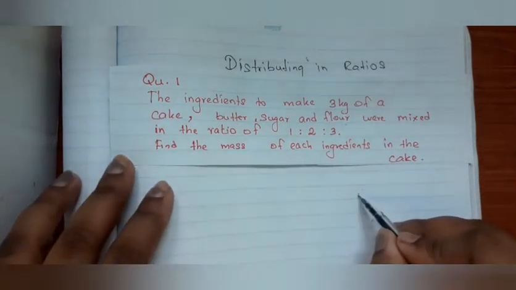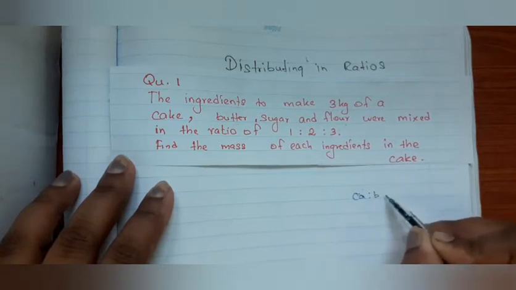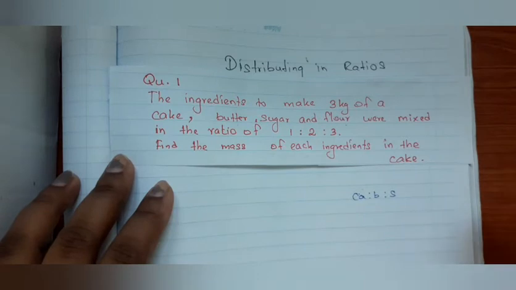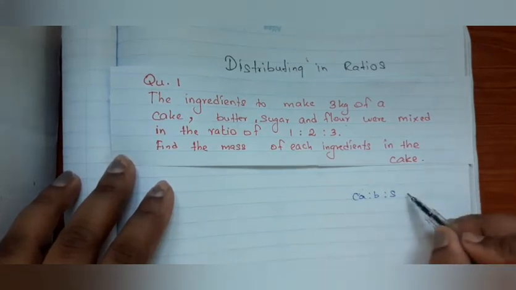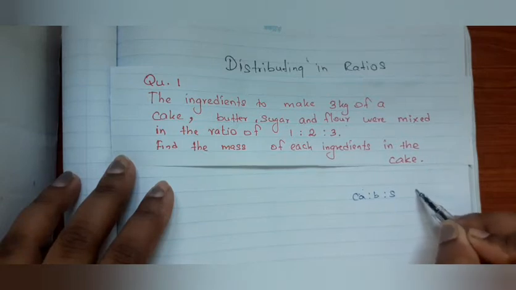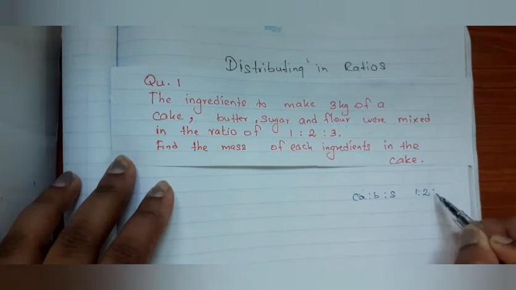So here they are mixing cake, butter and sugar. I am writing the first letter only. This is a summary. So cake to butter to sugar, the quantity is mixed in 1 to 2 to 3.